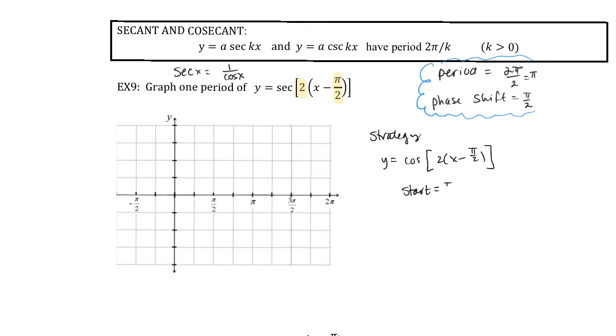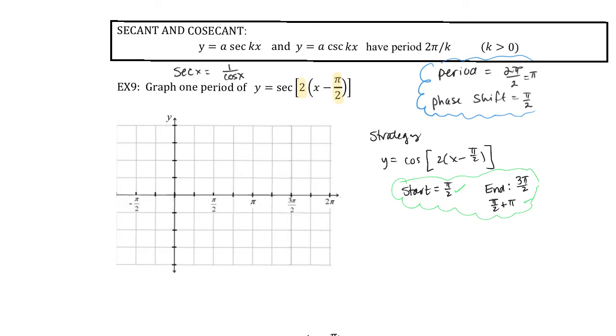So I start at pi over 2, and because it takes an entire period to get through the whole cycle, my end would be the phase shift plus the period. That tells me where I end. So I would end at, let's see, 2 pi, 3 pi over 2. That's just a nice little hack: phase shift is where you start, and then you just add period and phase shift. That tells you where to stop.